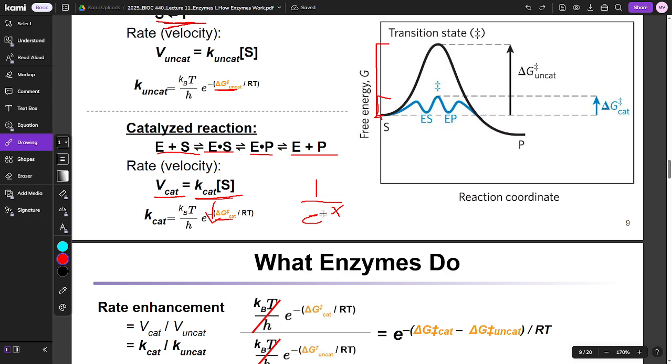So e to the x is lower, and that would mean that 1 divided by this equals a big number. You probably won't have to do this math exactly, but keep this in mind.